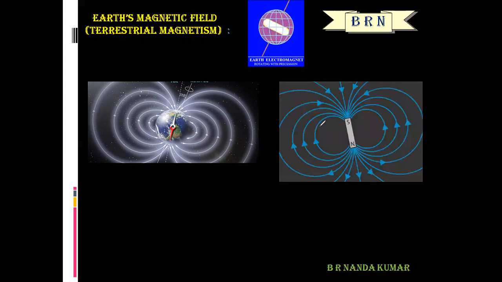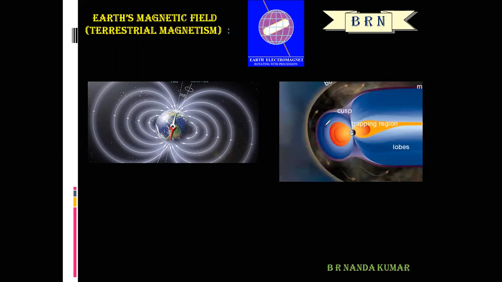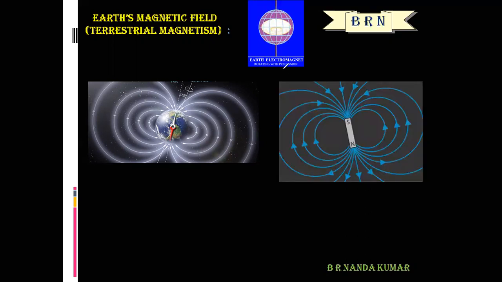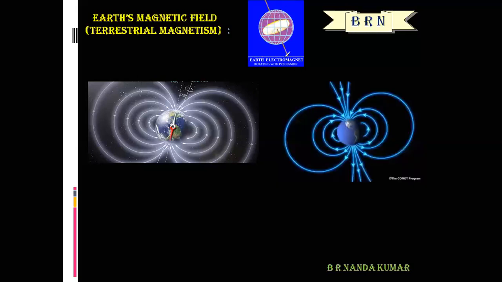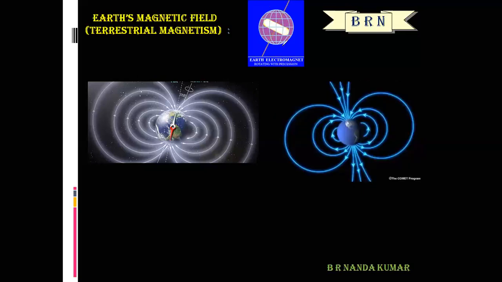So what is the meaning of Earth's magnetic field? Earth's magnetism is due to electrical currents produced by the convective motion of molten iron, mainly molten iron and nickel, in the outer core of the Earth. This point is very, very important. What is the meaning of terrestrial magnetism or Earth's magnetism?